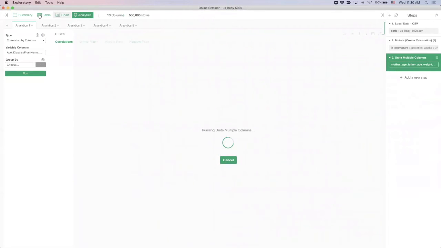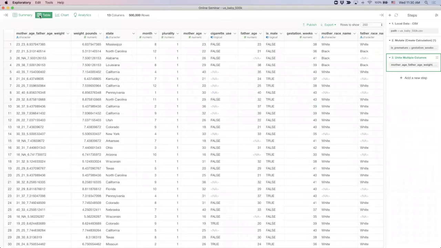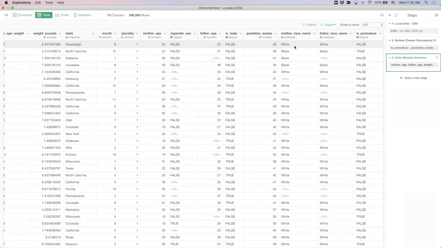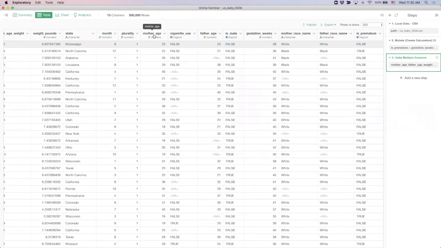Each row represents each baby, and then which month the baby was born, whether it is a twin or triplet or single, which state, and what the father and mother age are. There is also information about how many pounds the baby weighed. Let's look at the mother and the father age. So this is the first example.